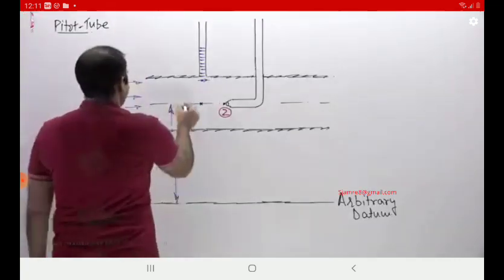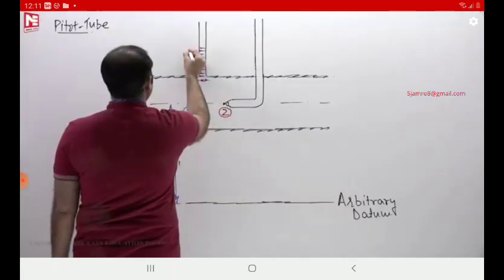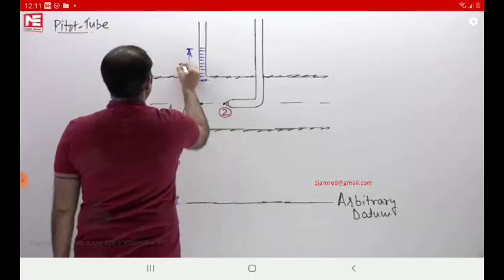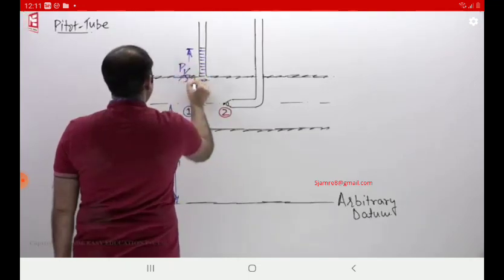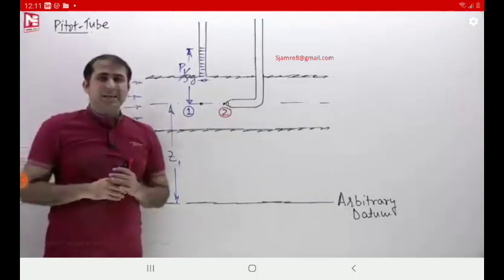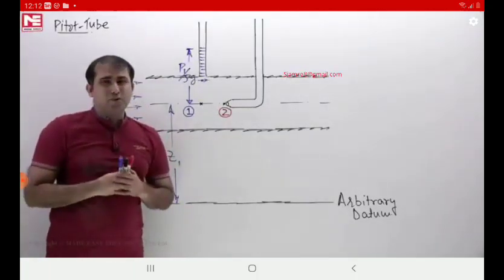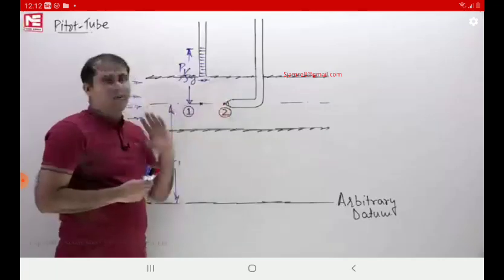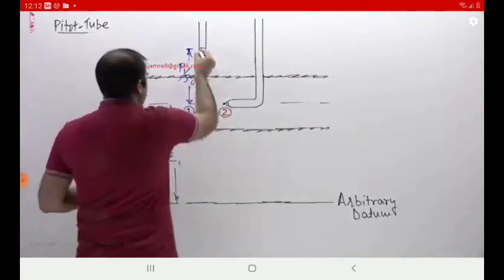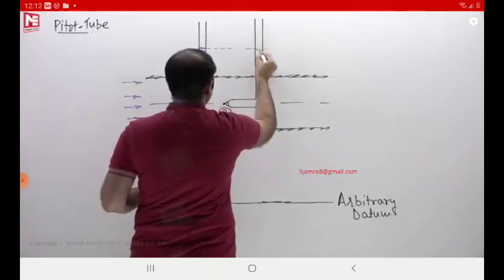So my dear, what will happen here? For this, this is P1 by rho g. And I already told you, if the points are very, very close, the pressure head will be the same. That means whatever the pressure head here, the pressure head here is the same.